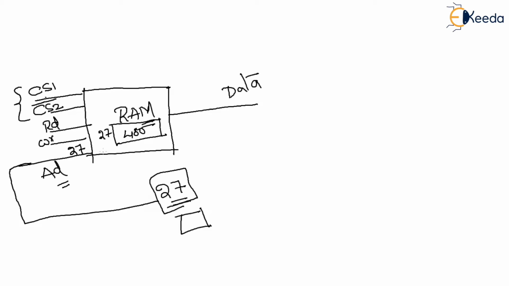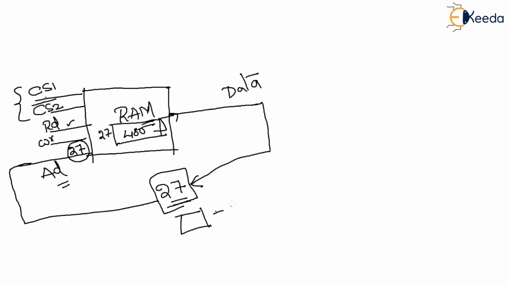Now, what is being performed? The read operation must be performed, which means the CPU should also enable the read line. When the read line is enabled, under the address specified by the CPU, the data will be read, meaning the data will get transferred to the data bus, and from the data bus to the CPU.